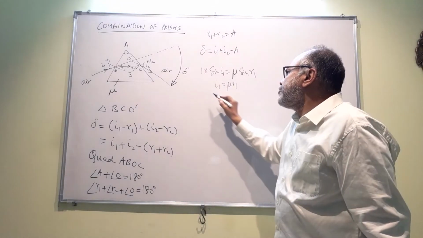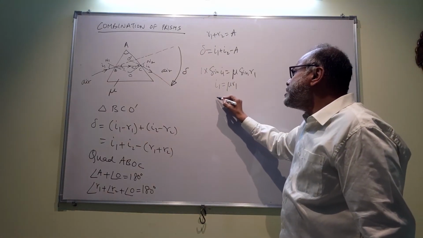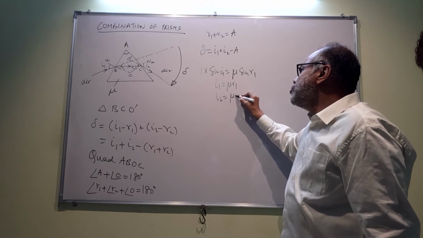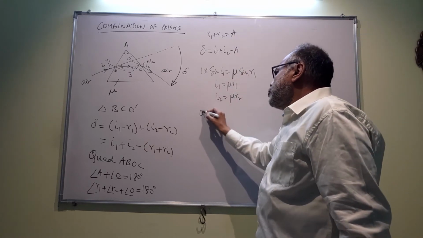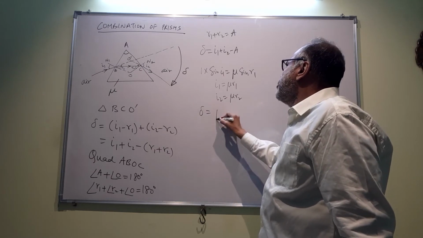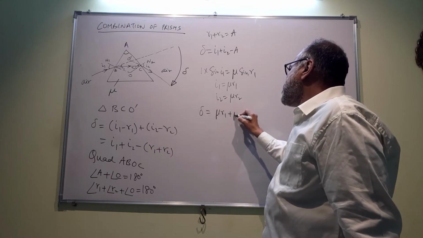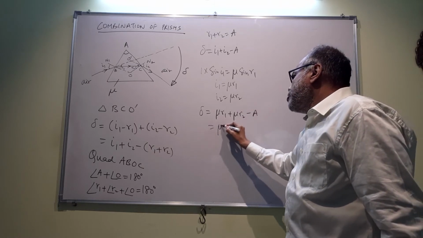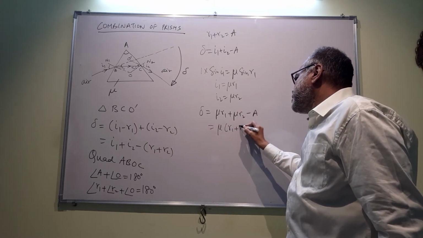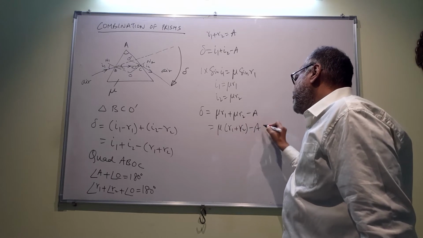Similarly, for the second surface, I2 will be mu R2. So if you substitute it there, you get delta is equal to mu R1 plus mu R2 minus A. So that would be mu into (R1 plus R2) minus A.